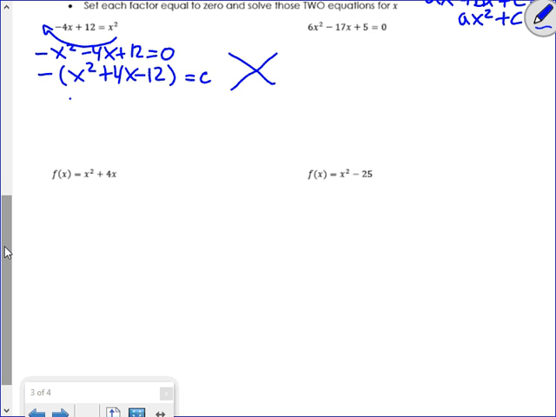Alright, so if I multiply the first and last numbers, what do I get? Alright, now what's the middle number? Negative 12 and 4. Okay, so what two numbers multiply to get negative 12 but add to get 4?